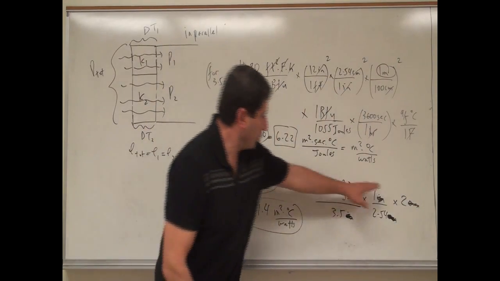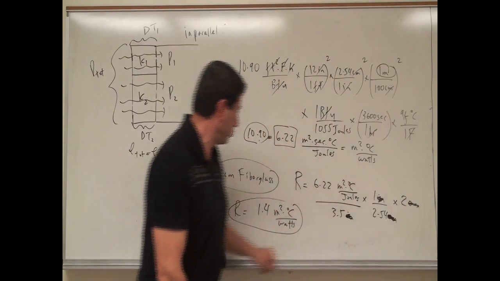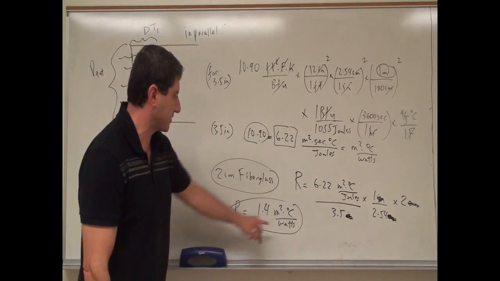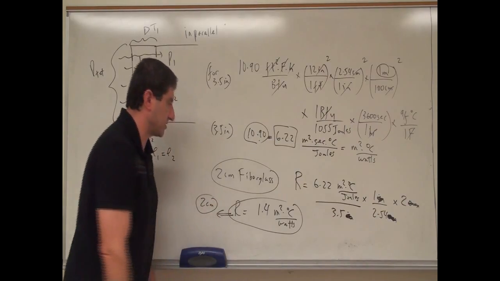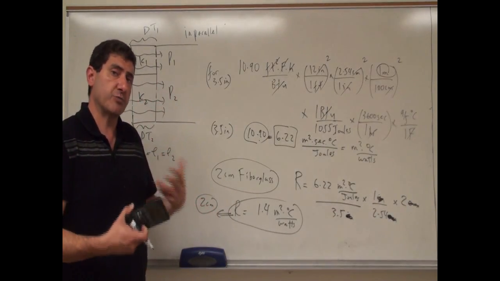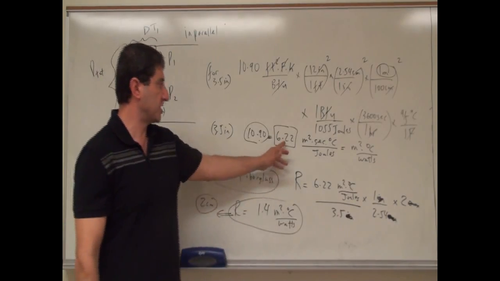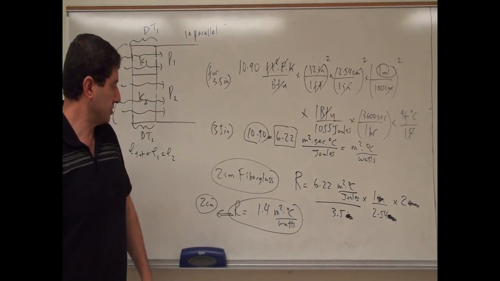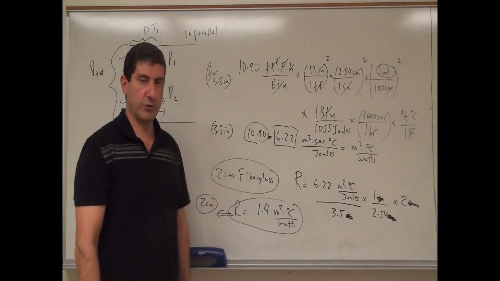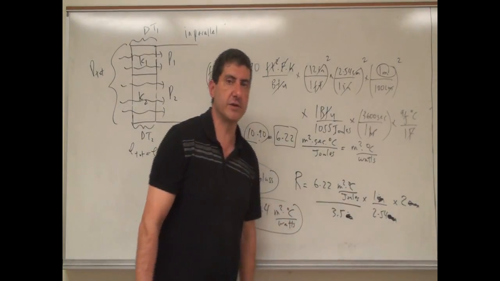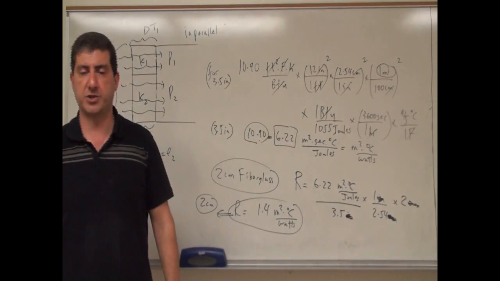So when I multiplied all this out, the total units would be meters squared Celsius per watt, and this would be for 2 centimeters of fiberglass, right? So depending on what the problem is saying, if it's a 3.5-inch fiberglass, we can use the 6.22 version, or if it's a 2-centimeter fiberglass, we can use the 1.4 version. And so now you know how to convert between the 6.22 and then to arrive at the 1.4 answer, okay?